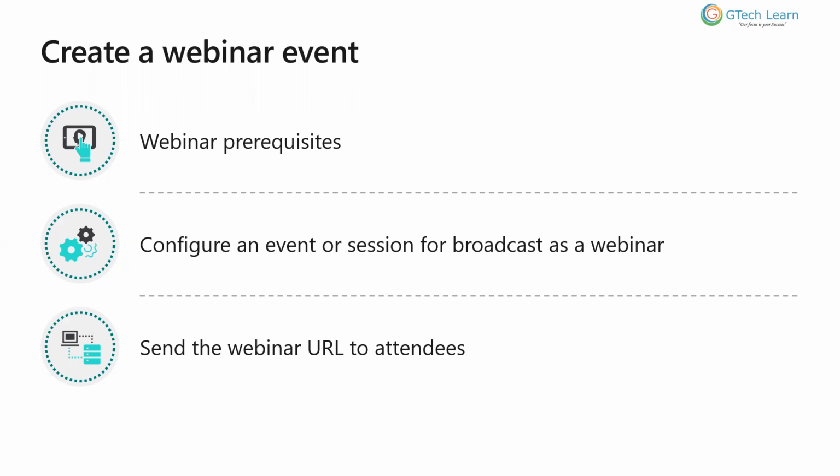In the marketing app, we have the capability to create those kinds of webinar events on our own. There, we need to specify some webinar prerequisites. If we are creating an event hosted in offline mode, we need prerequisites like who is going to attend that event and what the place of that event is, where it is happening.